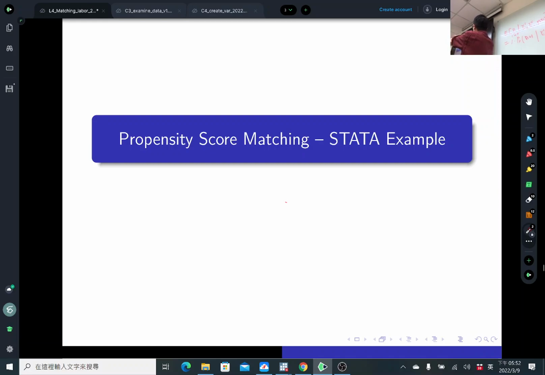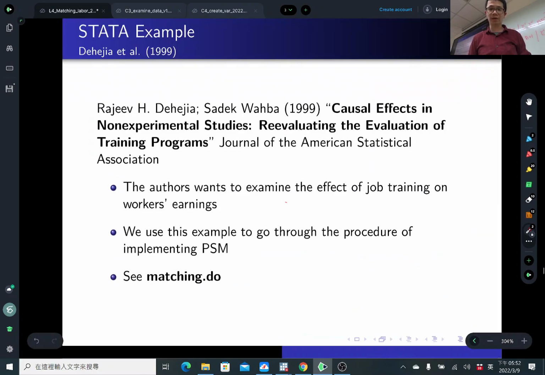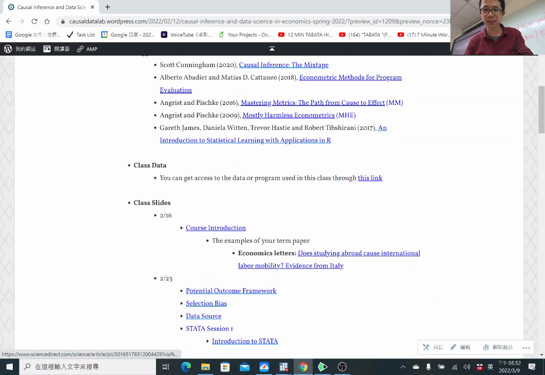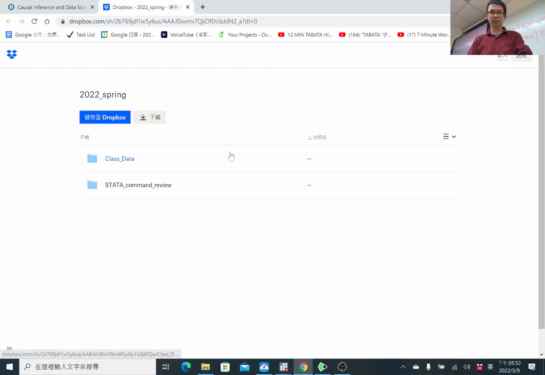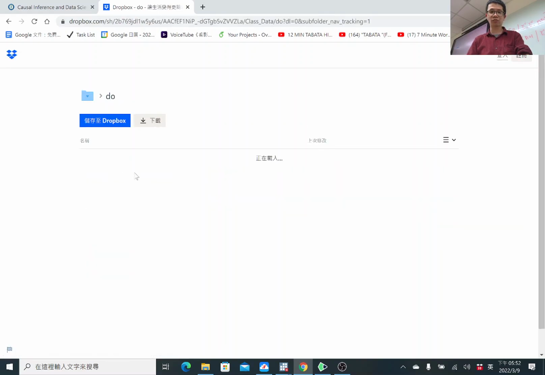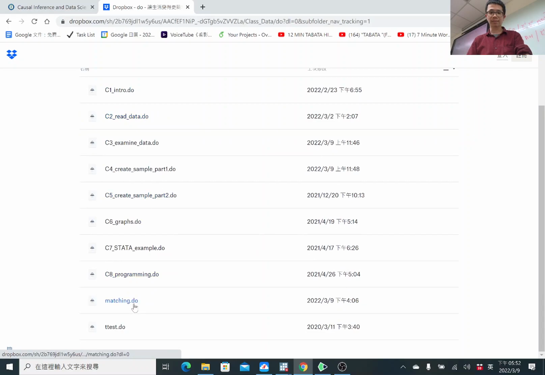So here, finally, I would like to show you how to implement propensity matching using data. You can download the do file from the link, the class data do file for matching, so you can replicate what I discuss later by yourself.